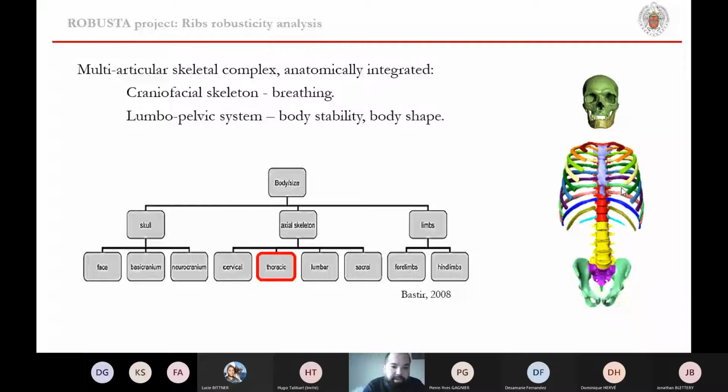So here we can see from Bastir 2008 a systems model definition in which the thoracic skeleton is in the axial skeleton, and this is linked to the cervical and lumbar skeleton, of course, in the upper part and in the lower part, but it is also linked to the skull, specifically to the face, because of the integration of the respiration on the nasal cavity with the rib cage, of course. Now we will see a little bit more of this.